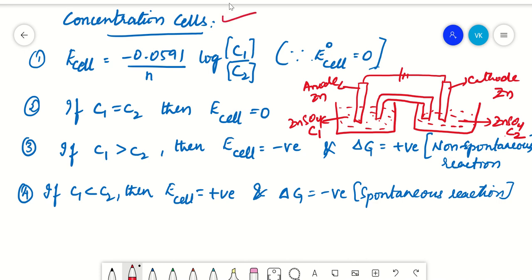Then what is the relationship between your E cell and the concentrations? We get E cell is equal to minus 0.0591 log of C1 by C2.